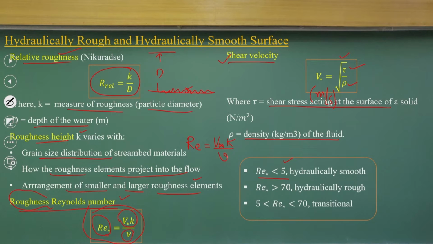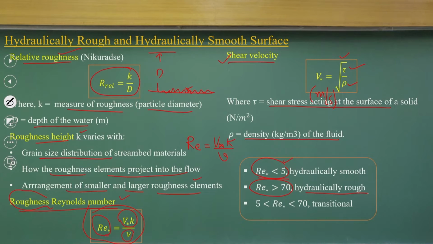If we have hydraulically smooth conditions, this value will be lesser than 5. If the roughness Reynolds number is greater than 70, we have hydraulically rough conditions.